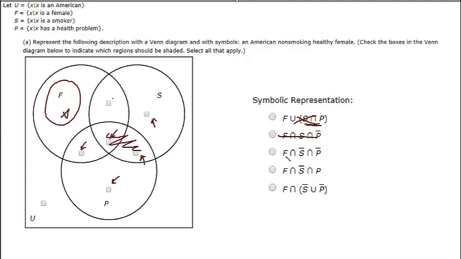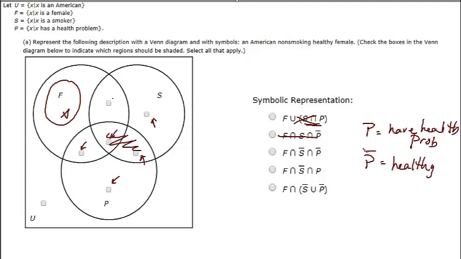Intersection of the female and not a smoker, and P means you have a health problem. Okay, that's really weird. Okay, so P means you have a health problem, and that P not is how we describe that, or P complement means you are healthy.